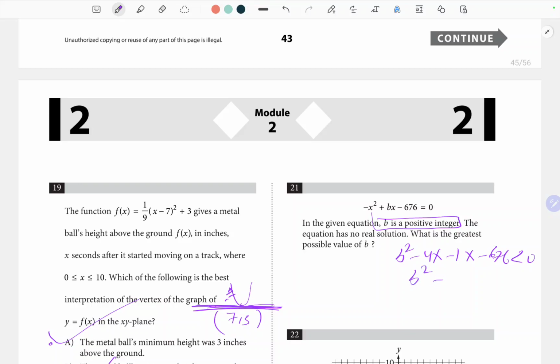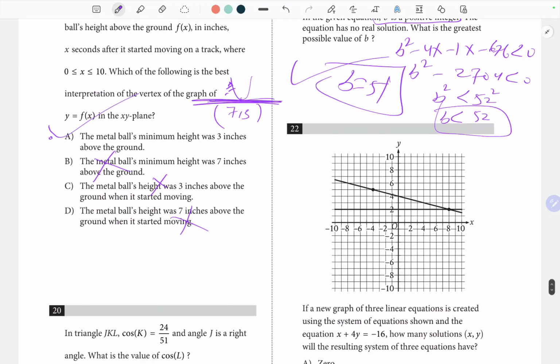So B square minus how much? 4 times 6, 76, which is 2704 less than. So B square is less than 2704, so B is less than 52, but less than 52, right? And B is the positive integer. So which integer is less than 52? 51. So it should be 51.